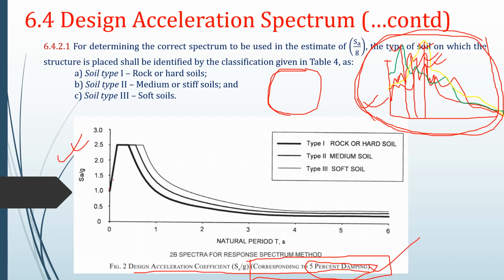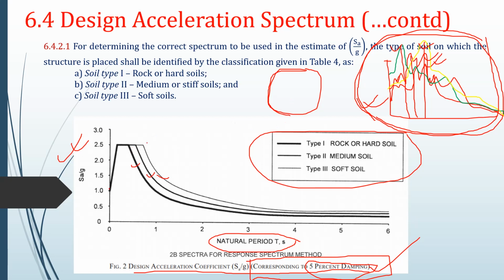We saw in our previous formula that our curves are dependent on the local site conditions and the time period of the structure. So on the x-axis we have the natural time period, and these three curves 1, 2, 3 represent three different types of soil, or three different local site conditions.